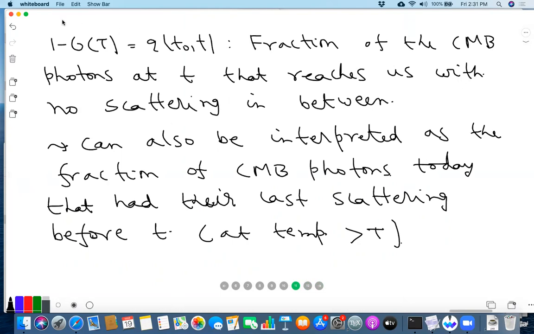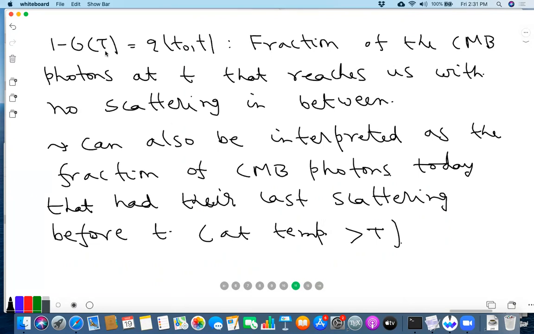Because this is the fraction which had their last scattering at a temperature above T. So if you take a temperature T plus dt, then the corresponding quantity gives a fraction that had the last scattering at a temperature above T plus dt.